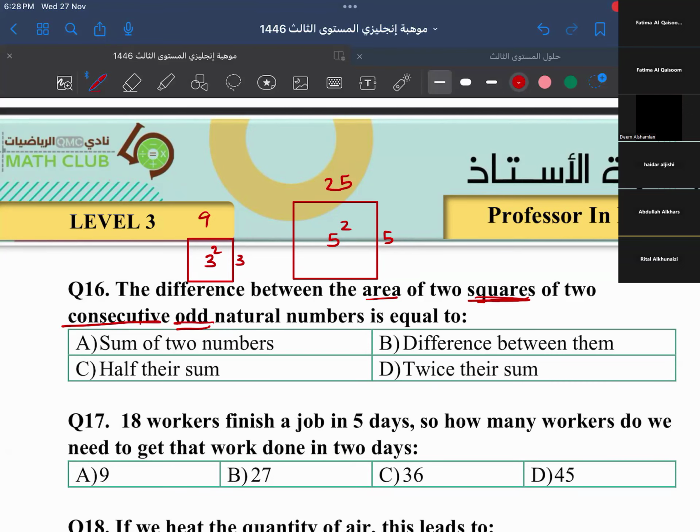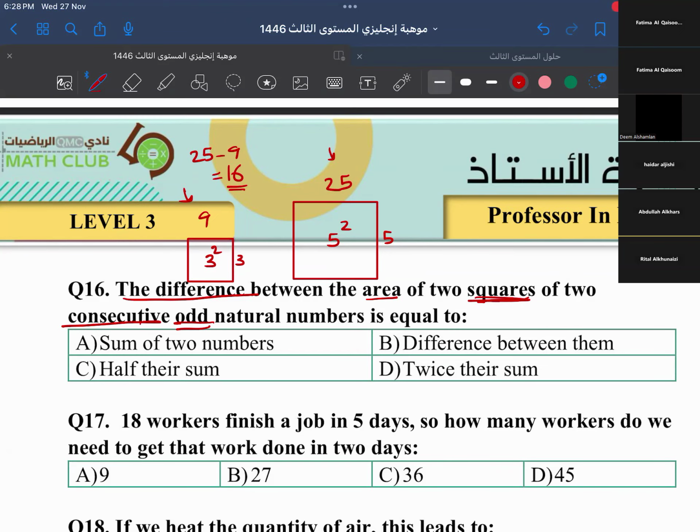So what they're asking about is the difference between the area of those two squares, meaning that we're going to subtract them from each other. So 25 minus 9 equals 16. Yeah, 16.